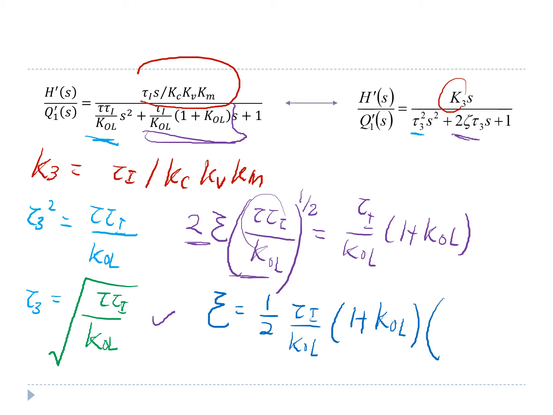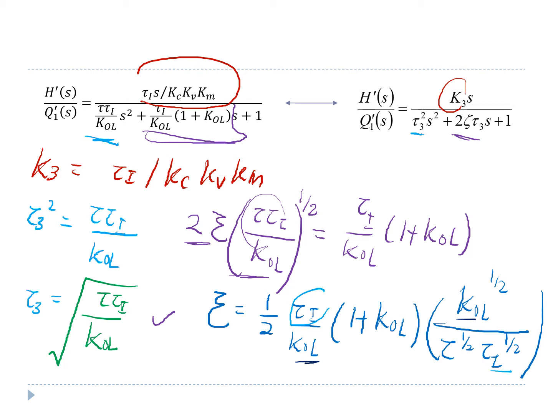tau I over KOL 1 plus KOL times KOL to the power of half over tau I to the power of half. So now you can simplify the KOL term and the tau I term. So 1 minus half equals half.